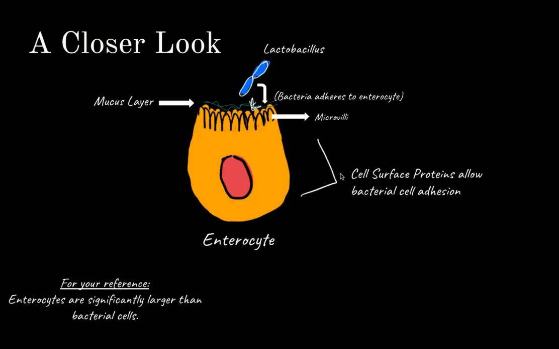And then the two stick together, pointing to the arrow that says cell surface proteins allow bacterial cell adhesion. That just shows you how the cell itself has proteins that interact with the bacterial cell. And for reference, enterocytes are significantly larger than bacterial cells.